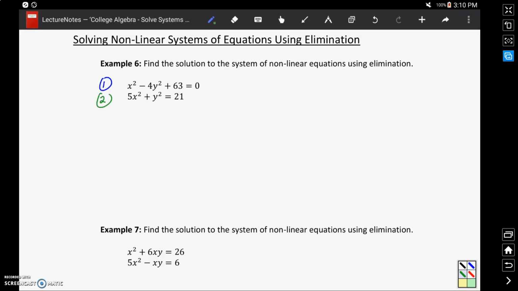Labeling these as equation 1 and 2, we'll start off by multiplying our second equation by 4, which will leave the first equation unchanged, but we will go ahead and subtract 63 to the other side. The second equation will become 20x squared plus 4y squared is equal to 84.